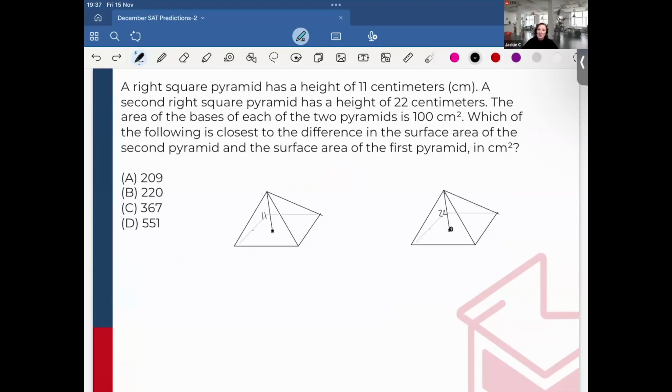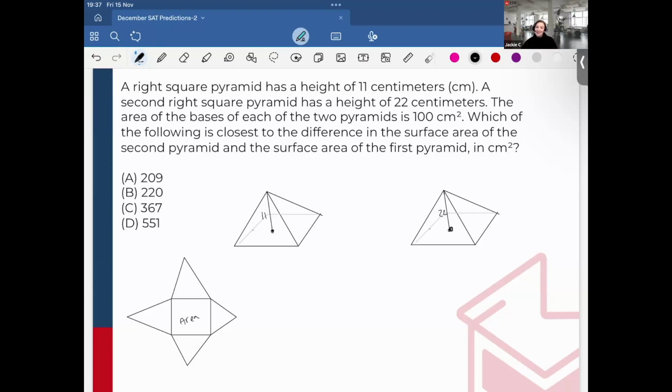So I just drew them out here. But if I want to calculate the surface area, imagine if we unfold this amazing right square pyramid. I would have triangle, triangle, triangle, and another triangle. They would be equal, but we can see that the area would be the area of the base, the square, plus the area of the four triangles.